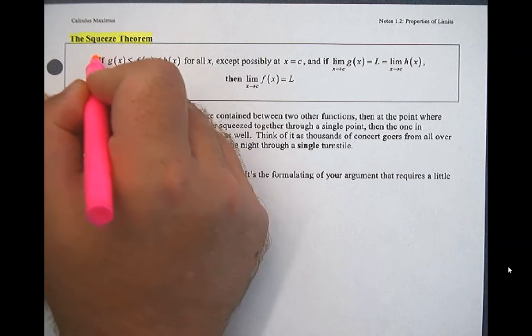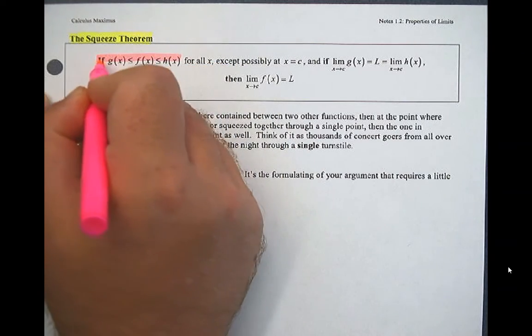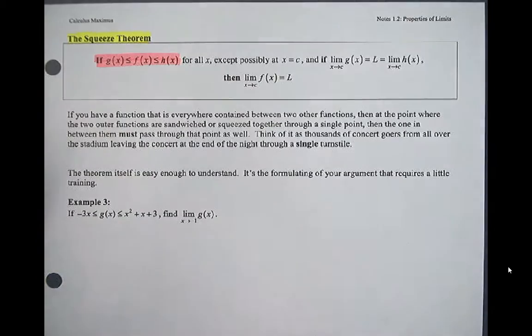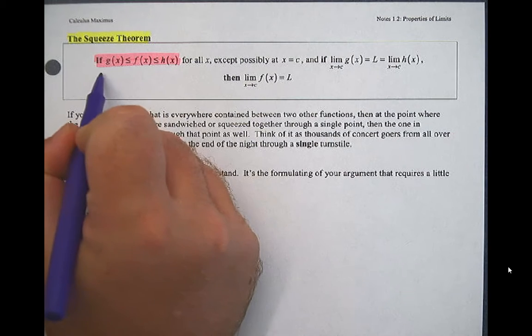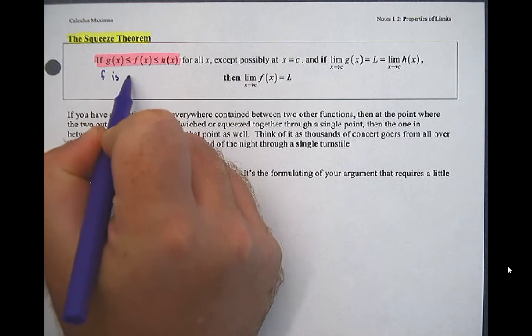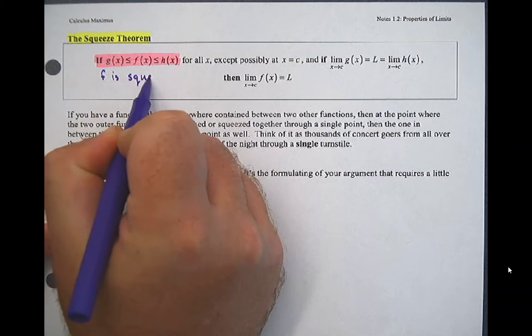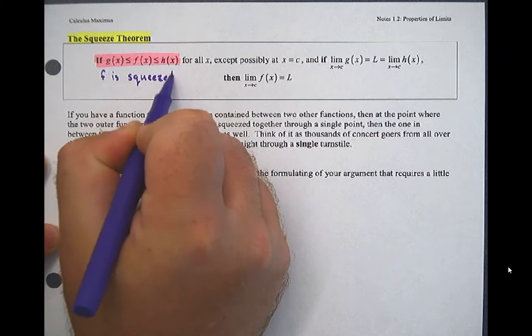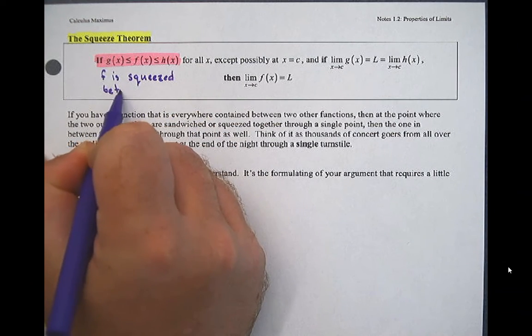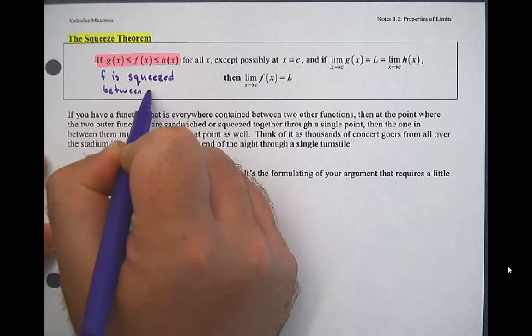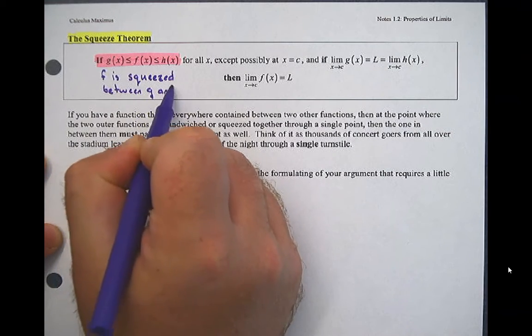So, if g of x is less than or equal to f of x is less than or equal to h of x, what this is really saying is that f is squeezed between g and h.